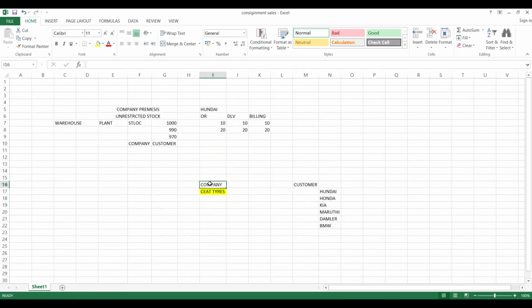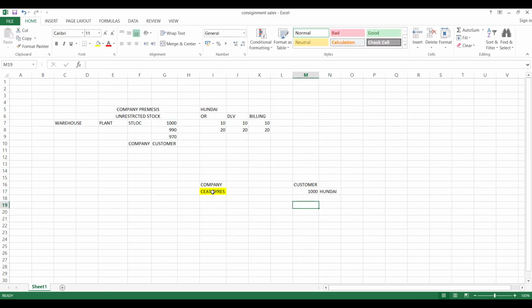So what we have to do is, instead of sending the stock directly to the customer from unrestricted stock, we'll just place the stock at the customer location. Okay. So suppose this 1,000 is there. I'm just placing at the customer place 1,000.